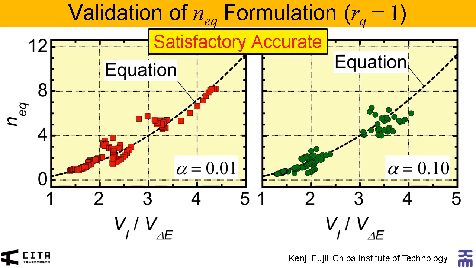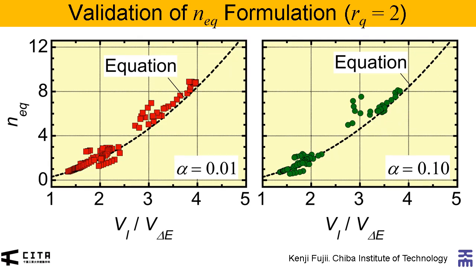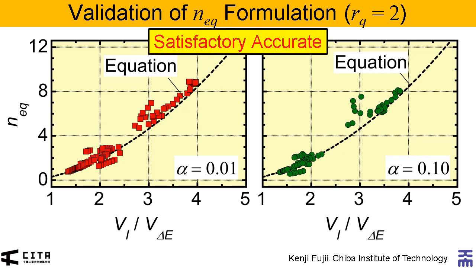As shown in these figures, the proposed equation is satisfactorily accurate for both cases. Here are the comparisons in case of RQ equals 2. As shown in these figures, the proposed equation is satisfactorily accurate for both cases.